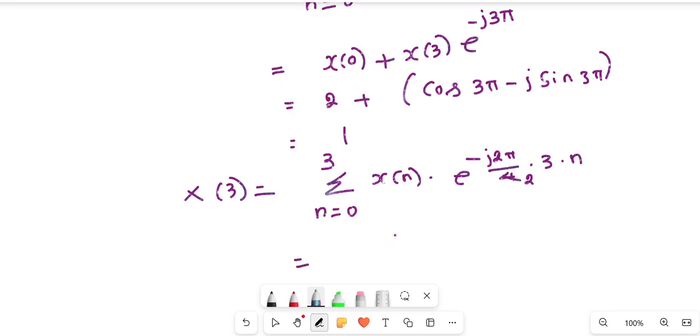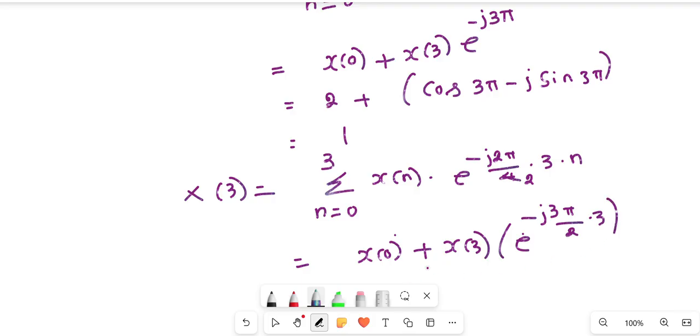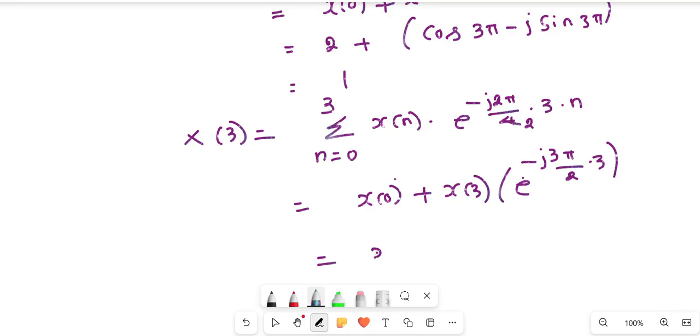So it will be x of 0 plus x of 3 into e power minus j 3 pi by 2 into 3, so 9 pi, so x of 0 plus x of 3 into e power minus j 9 pi by 2, correct.